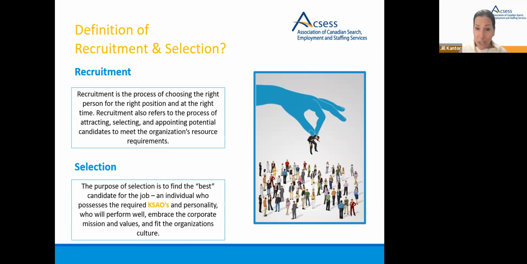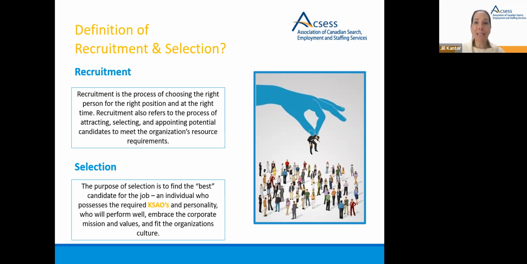So another question I'm going to ask you to throw into chat. I'm going to ask you that a lot just to make sure everyone is paying attention and learning as we go along. Does anybody know the definition? What does KSAO stand for? I'm going to look at the chat and see if anyone can guess without Googling it.